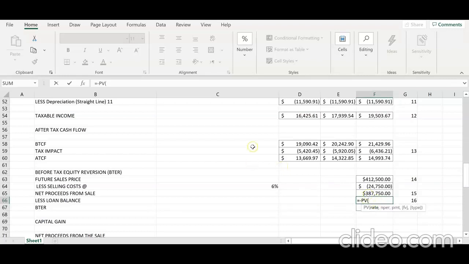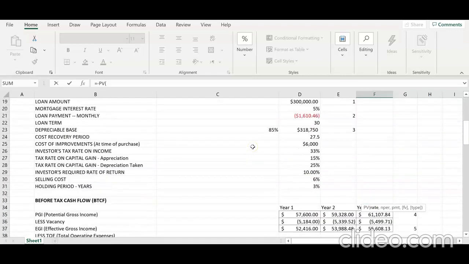And then I calculated the rate, which is the mortgage interest rate, divided by 12, and the loan term minus 3, close the parentheses, and then multiplying by 12, and the loan payment, the loan monthly payment.